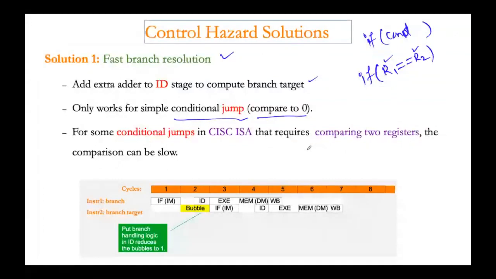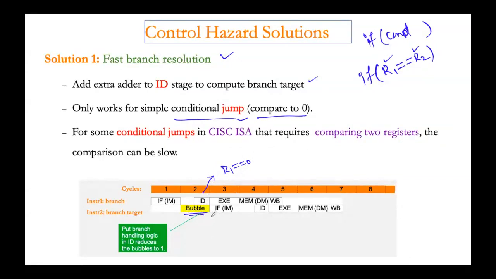But if there is no comparison, then we just put the branch handling logic in the instruction decode cycle only. In that, it just compares whether R1 is equal to 0 or not. So here only we can know. So only one stall is required, and if it is 0, then the branch will be taken.